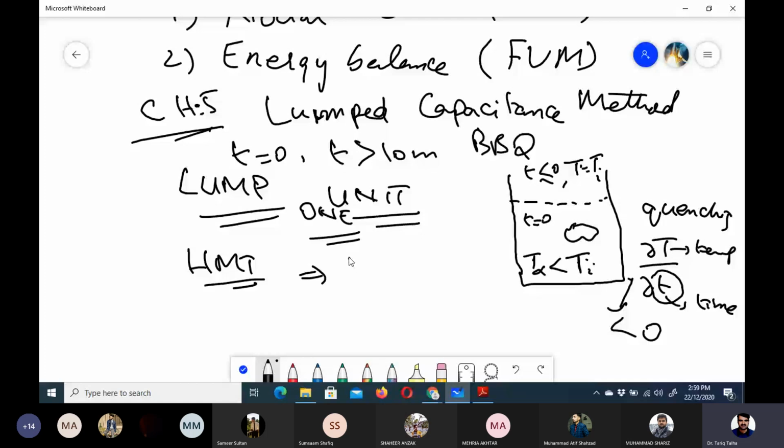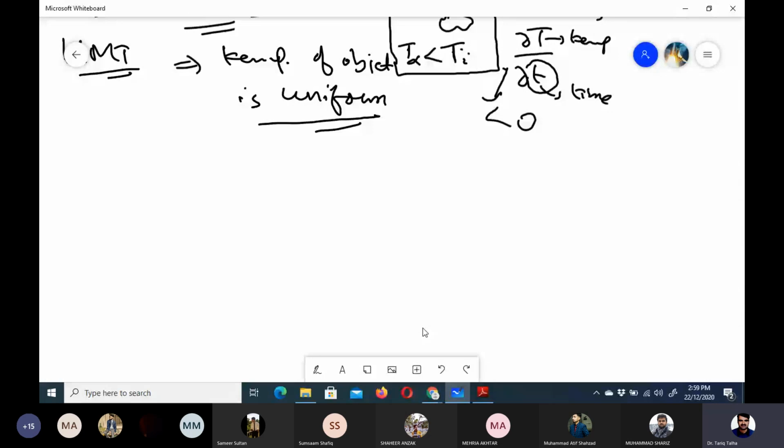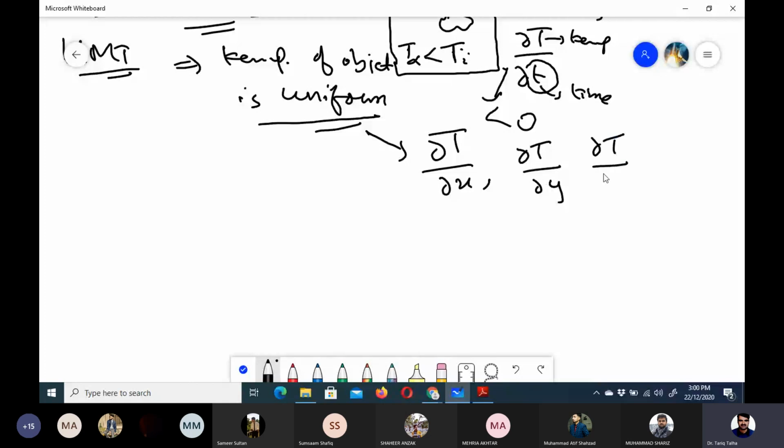the temperature of that object is uniform. When we say the word uniform, what does it mean? It means that there is no gradient of temperature with respect to x, with respect to y, and with respect to z.